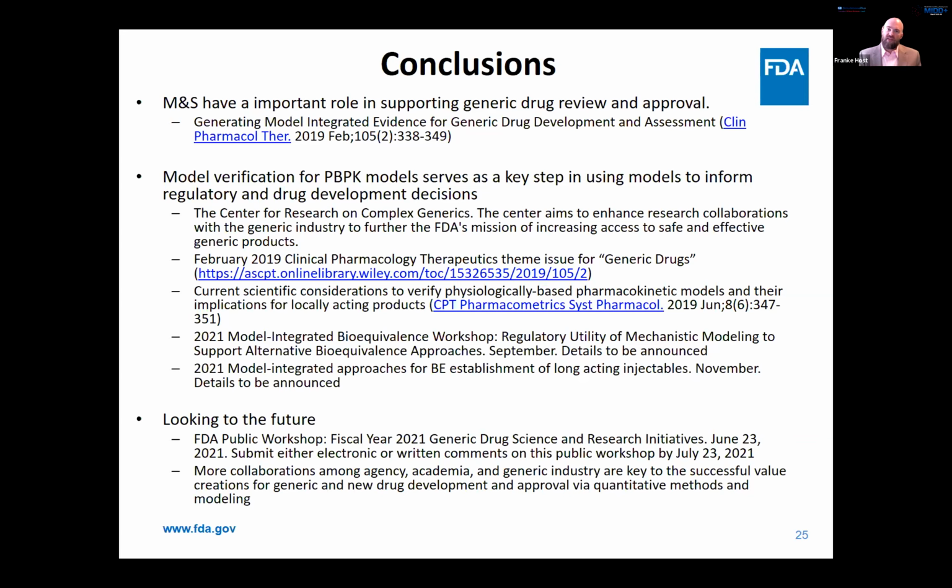I know there's a couple of examples, like the diclofenac one you presented. Do you think that's going to occur more and more in the future? Or additionally, is there a way that a generic drug sponsor could tailor their modeling package to give you more confidence in its ability to stand in place of clinical studies?